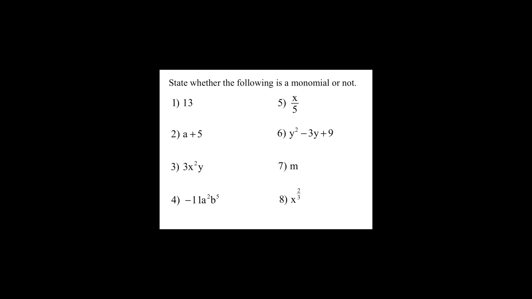All right, state whether the following is a monomial or not. Turn off the recorder, stop the tape, and answer the next couple questions and let us know if these are a monomial.